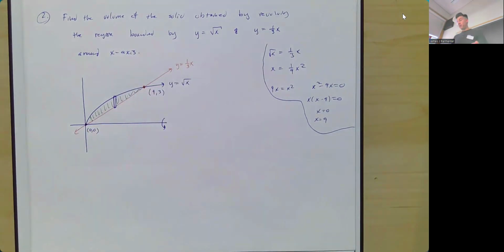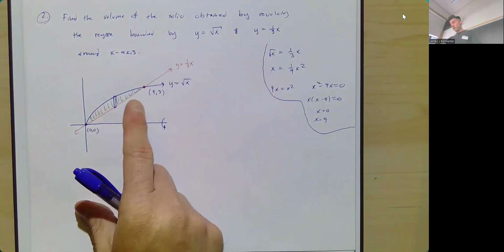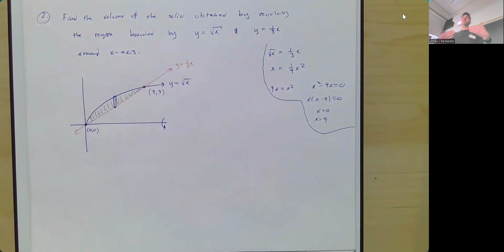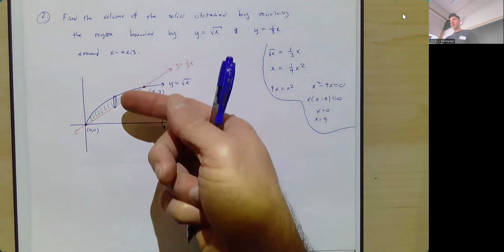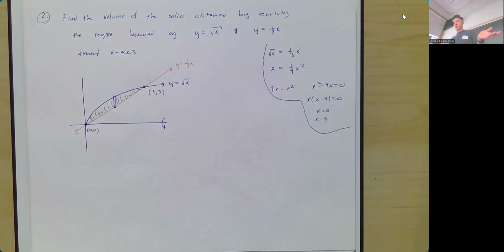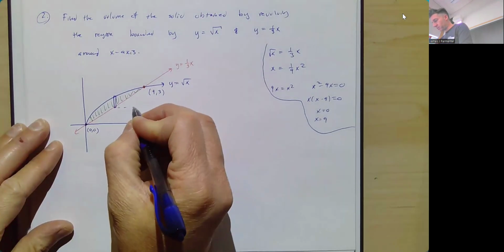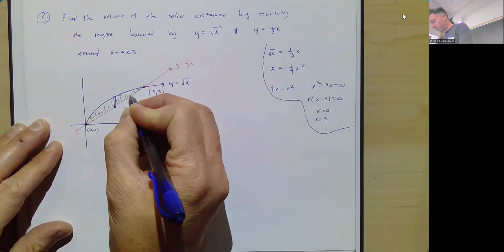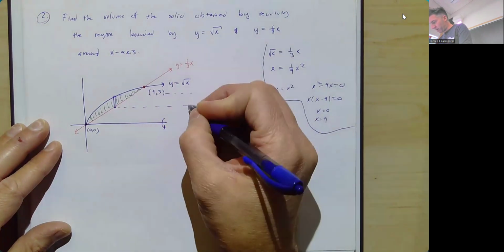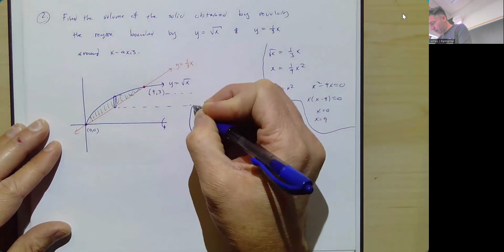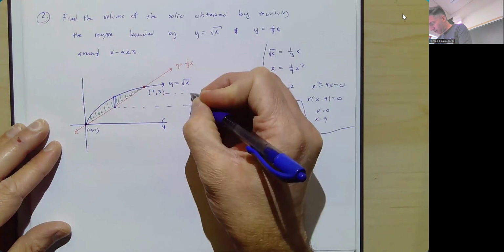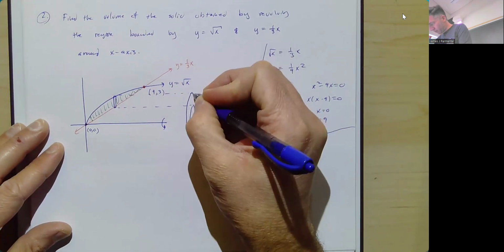Notice that this vertical strip is not flush with the x-axis. And when you revolve this around, you're going to be missing some middle part. In fact, just do it over here. If I take this strip and revolve it around, I'm going to be missing the entire middle here. Get something that looks like that.